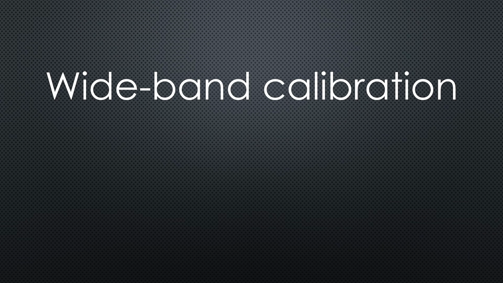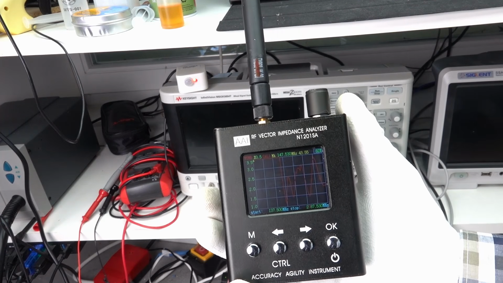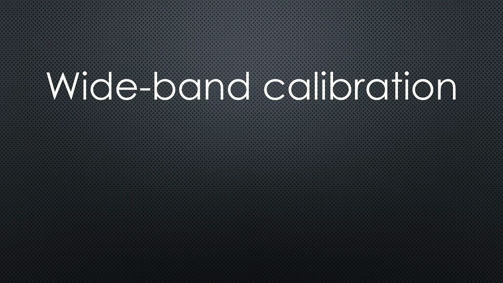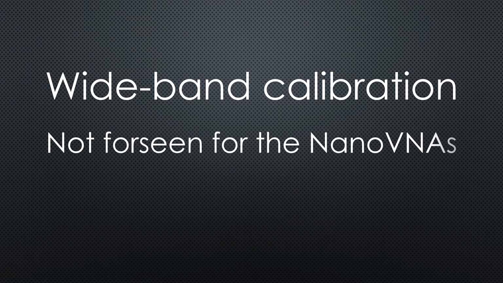Theoretically, this is true, and the N1201 SA does it like that. But those small devices only measure 101 or 201 points per scan. If you start at 1 MHz and end at 3 GHz, you get a calibration point each 30 MHz, which is more or less useless. Most antennas, for example, have a much smaller usable range than 30 MHz.